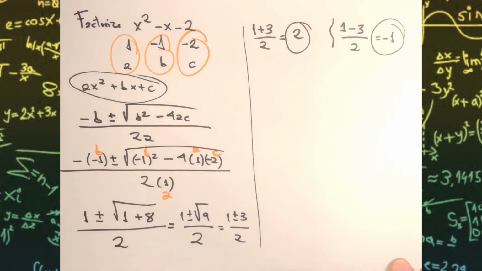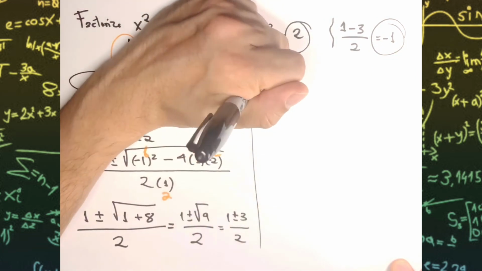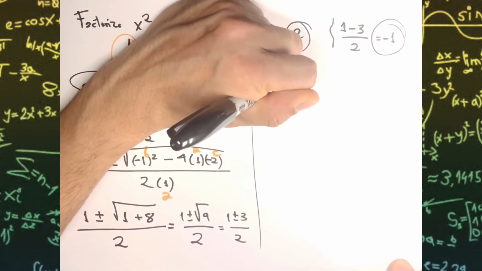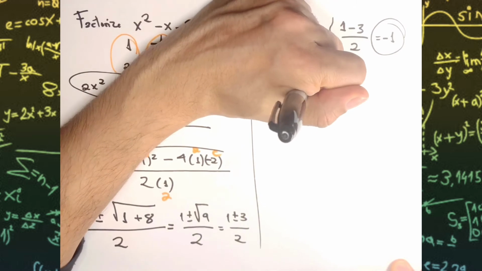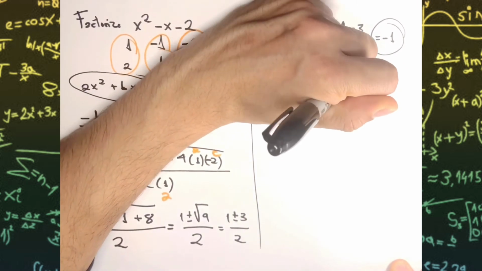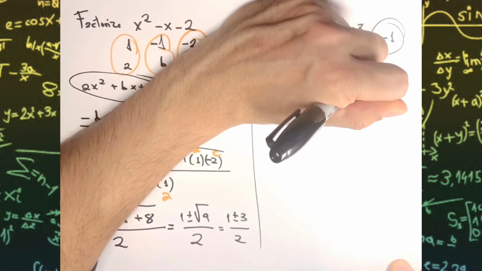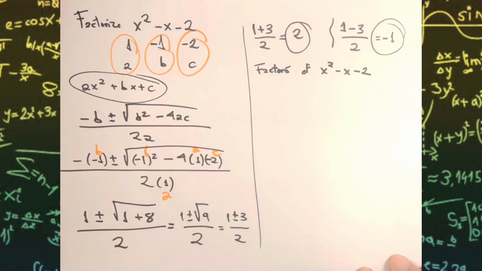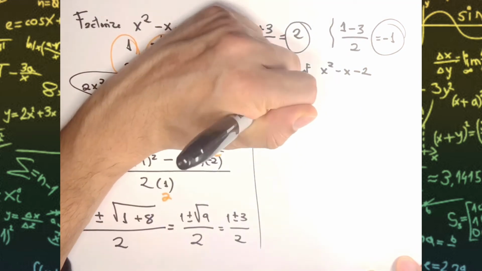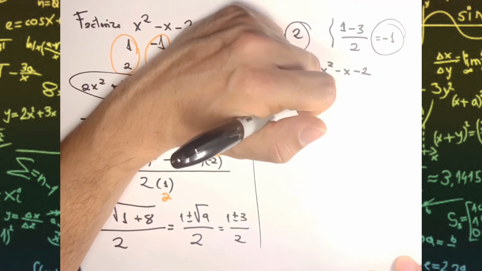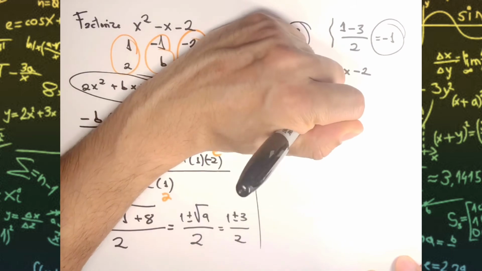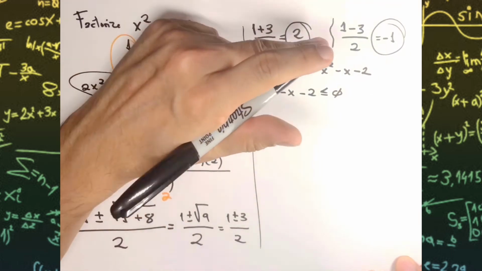These two elements right here are our factors. These two are the factors of the equation. So we just make a note of that: factors of x squared minus x minus 2. And now we can rewrite the original equation in its factors.